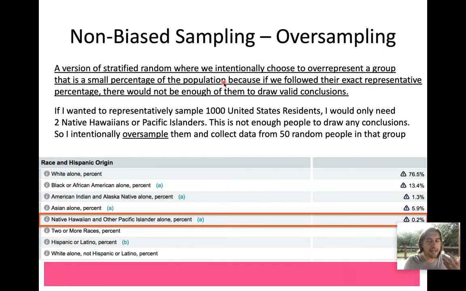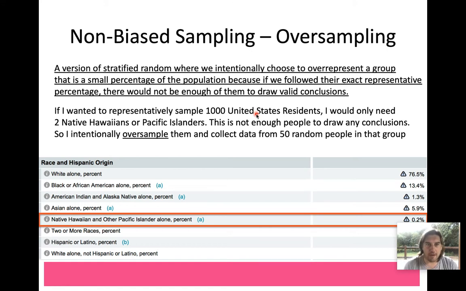Now, our next non-biased sampling method is called oversampling. Now, this combines elements of stratified random and something we learned about in part one, which I said we'd bring back, quota sampling.